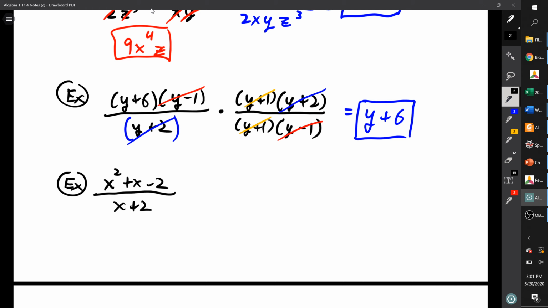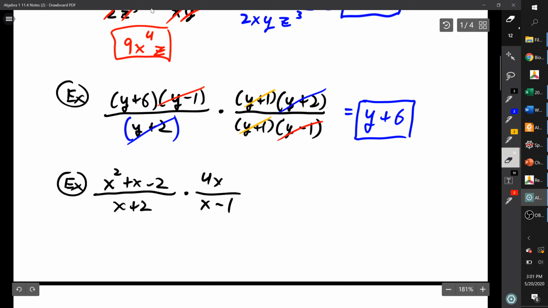Hold on a second. All right, I'll do a 4x there, and I'll do an x minus 1 there. I'm going to change this to an x minus 2. No, I can't do that. No, I'll leave it. Okay.